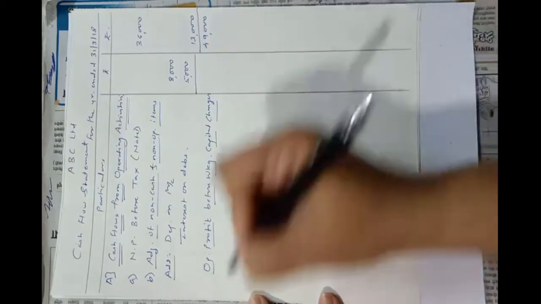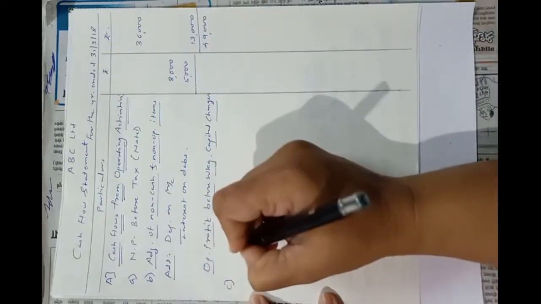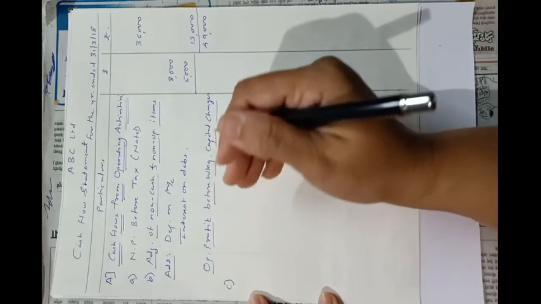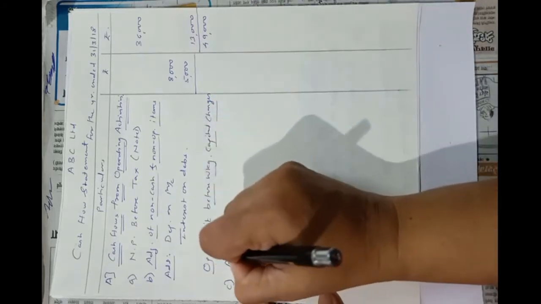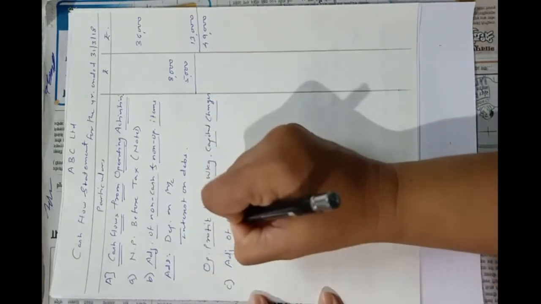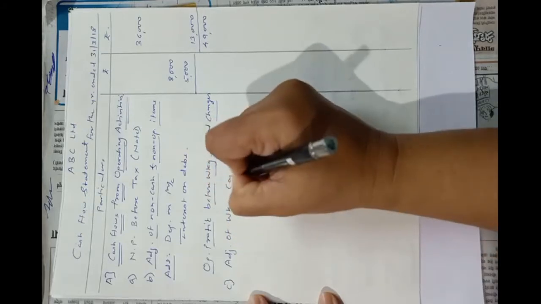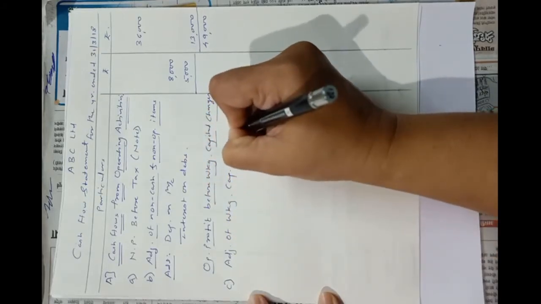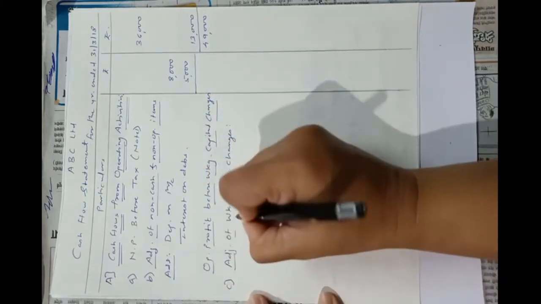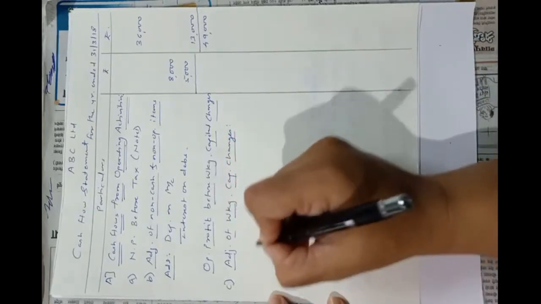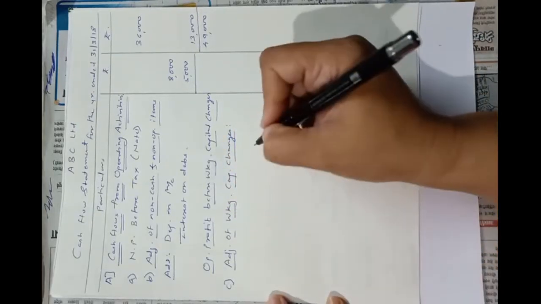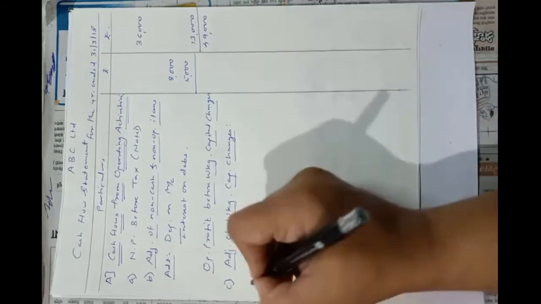Okay, now sub point C, it is adjustment of working capital changes. Now here first we have to add decrease in current assets and increase in current liabilities.